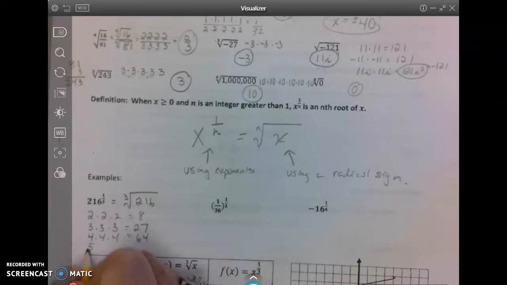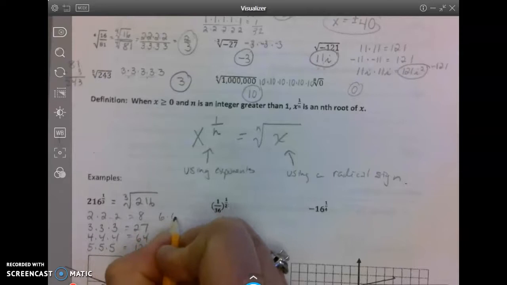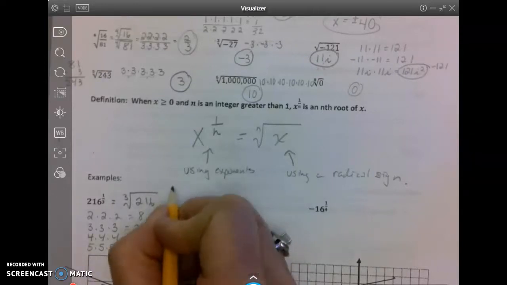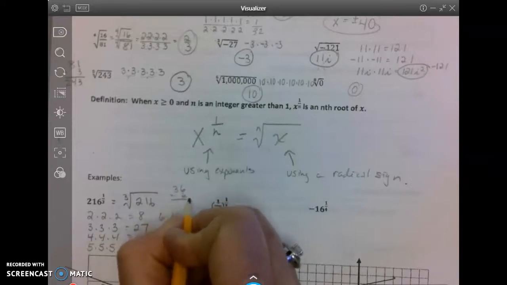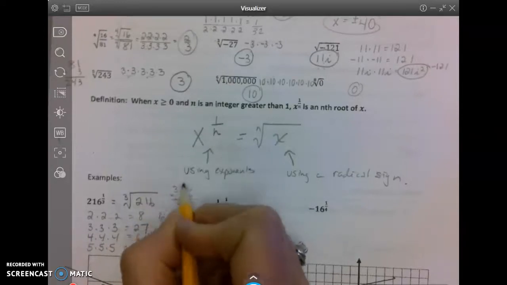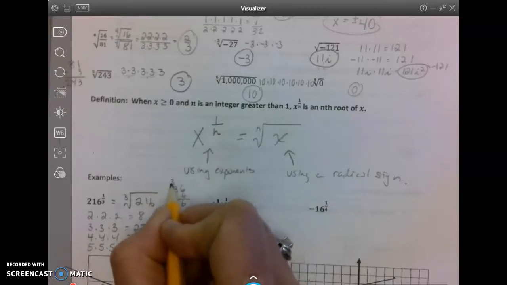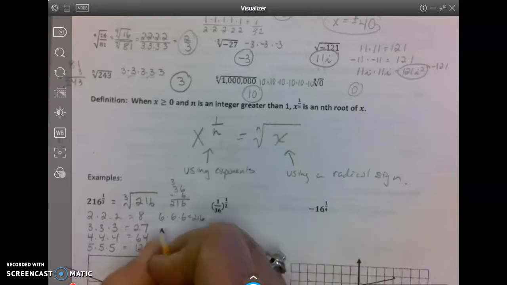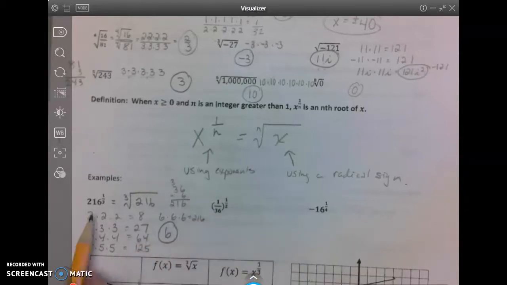I know it's not 5, because up above in that example I got 125, but I'm definitely getting closer. Let's try 6 times 6 times 6. 6 times 6 is 36, and what's 36 times 6? 6 times 6 is 36, carry the 3, 18, 19, 20, 21, 216. That's what I wanted. So 216 to the 1/3, or the cube root of 216, is 6.